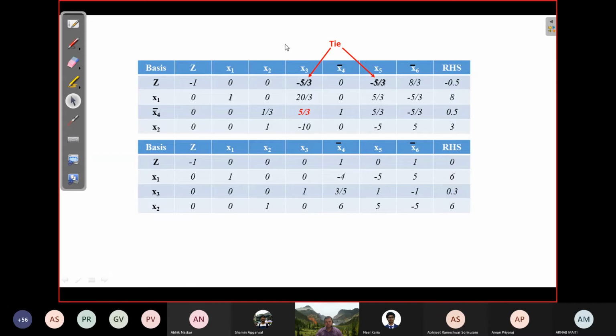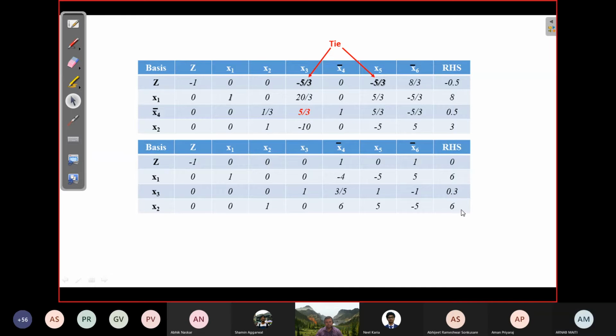So there is a tie in the choice of entering basic variable. Fine. So which one did you choose? Suppose if I choose x3 to enter, I'll get this solution, which is 6.6, which you have got. Fine.